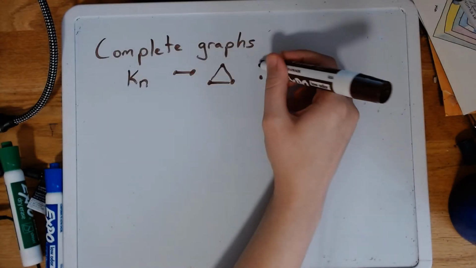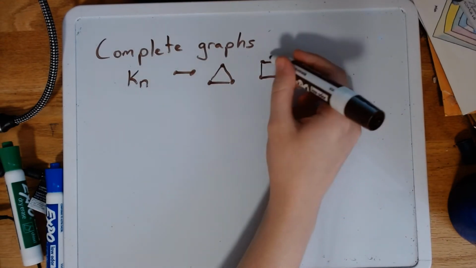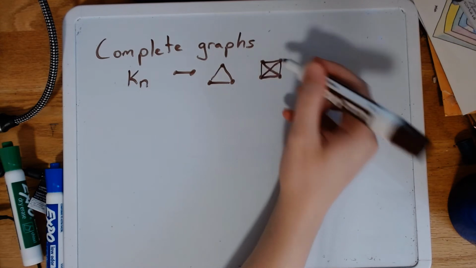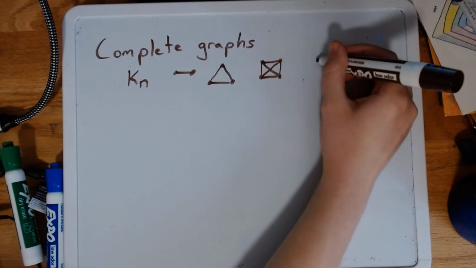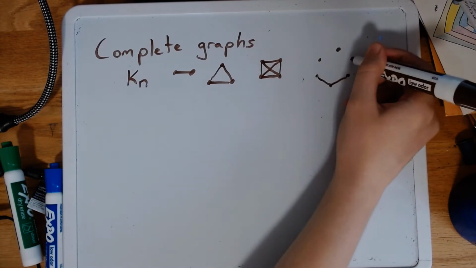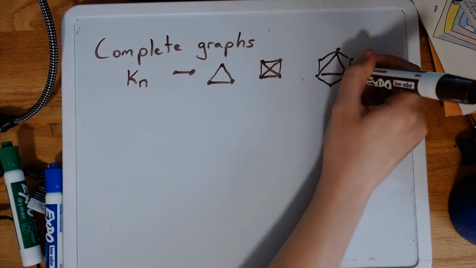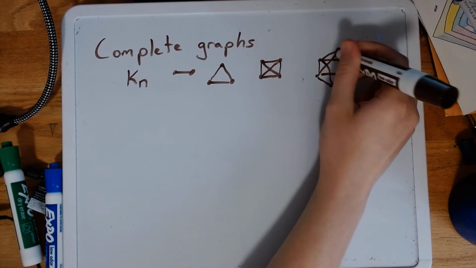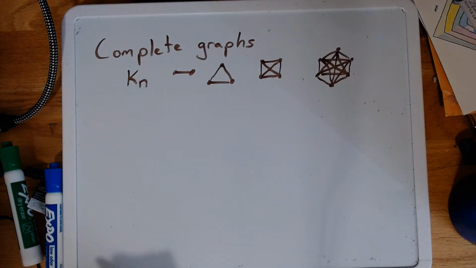If n is 4, we get the outside cycle and then both diagonals, like this. And then if we go up to n equal to 6, we're going to get a lot more diagonals. Like that.